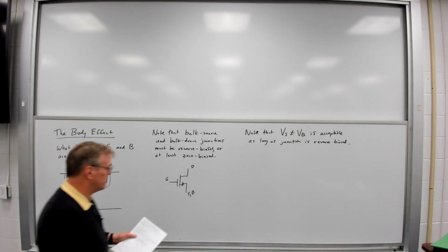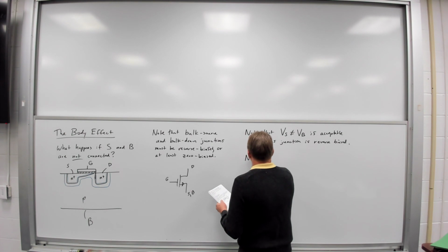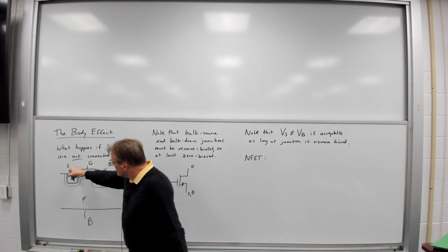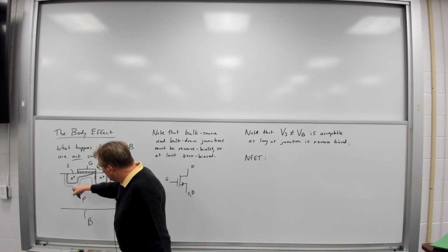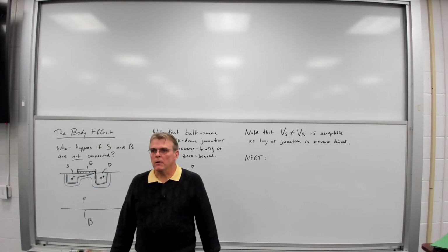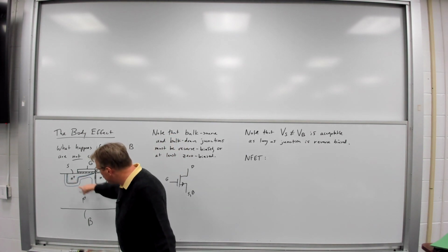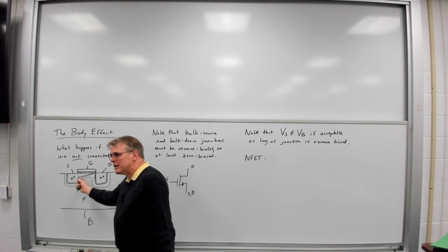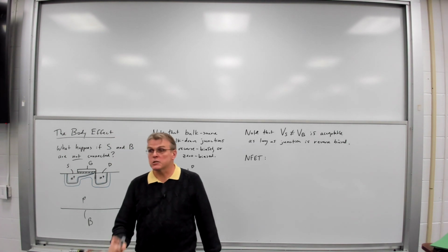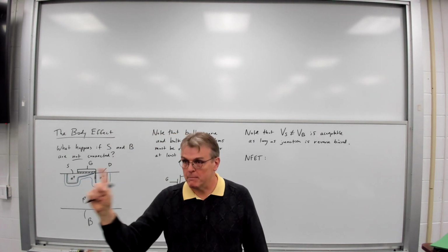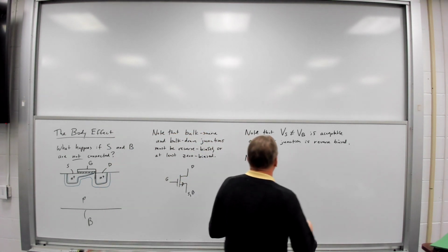And for the MOSFET, what that means is I can make the voltage at the source greater than or equal to the voltage at the bulk, and it remains reverse biased. If I want to turn on that PN junction, the source would have to be more negative than the bulk. But it can certainly be more positive than the bulk and still maintain reverse bias.